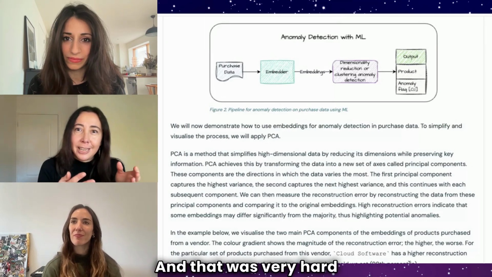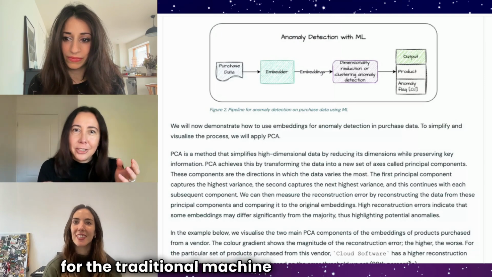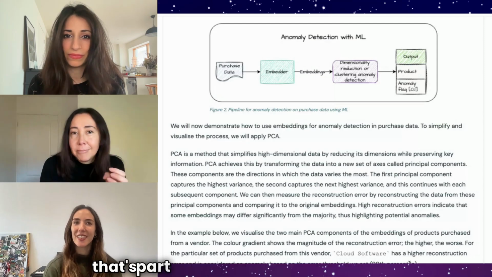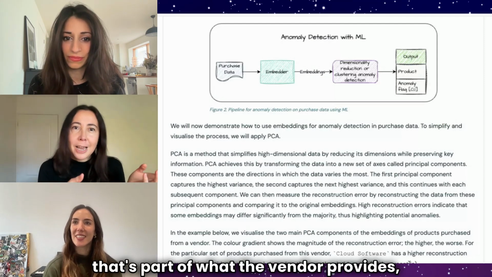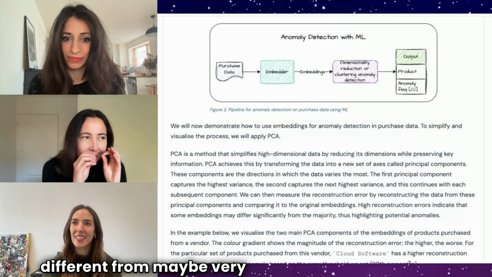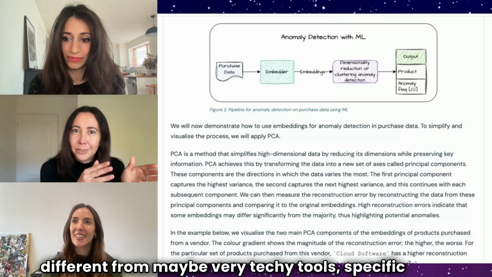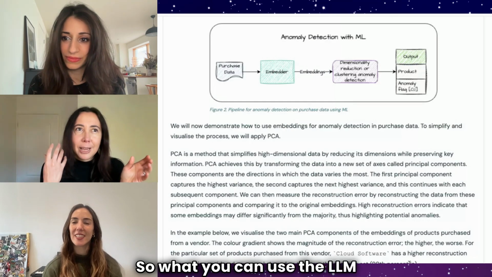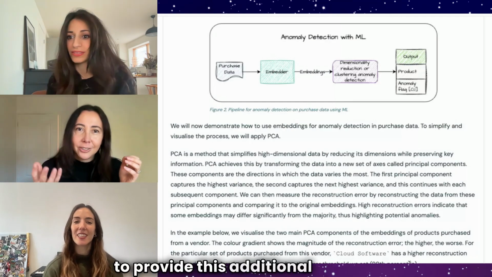That was very hard for traditional machine learning algorithms to catch. This context, that it's part of what the vendor provides even though it's quite different from very techy, specific tools, is something the LLM can provide.